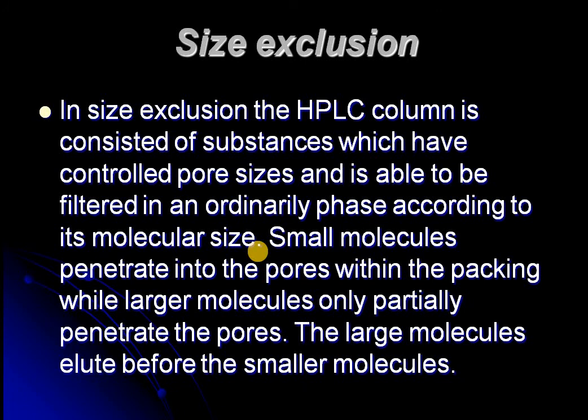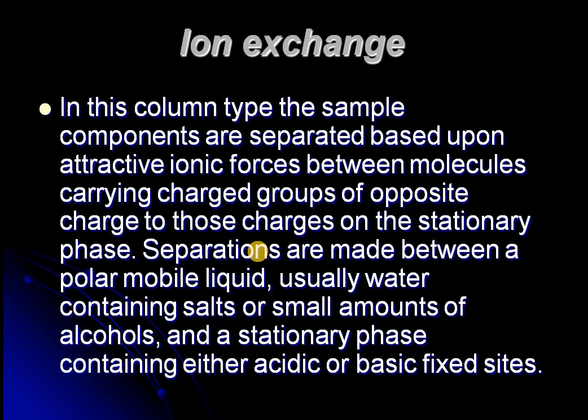In size exclusion, the HPLC column consists of a substance which has controlled pore size and is able to filter in an ordinary phase according to its molecular size. Small molecules penetrate into the pores of the packing while larger molecules only partially penetrate the pores. The large molecules elute before the smaller molecules.